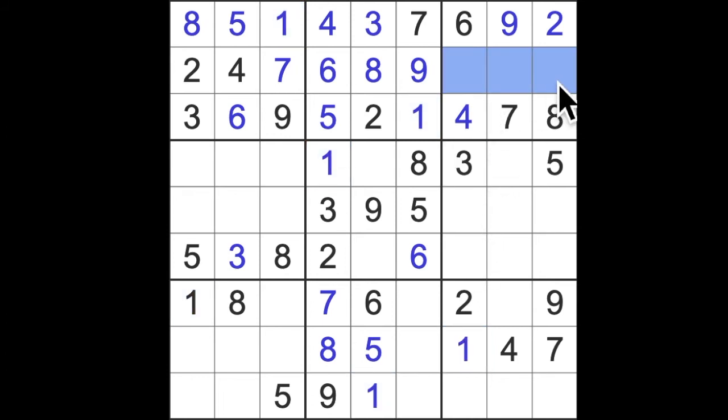So remember, 1, 3, and 5 must fit into these 3 empty squares. So this square here, can it be a 1? No. Can it be a 3? No. So if it's not 1 and not 3, then we can deduce that it is a 5, because it can't be anything else.